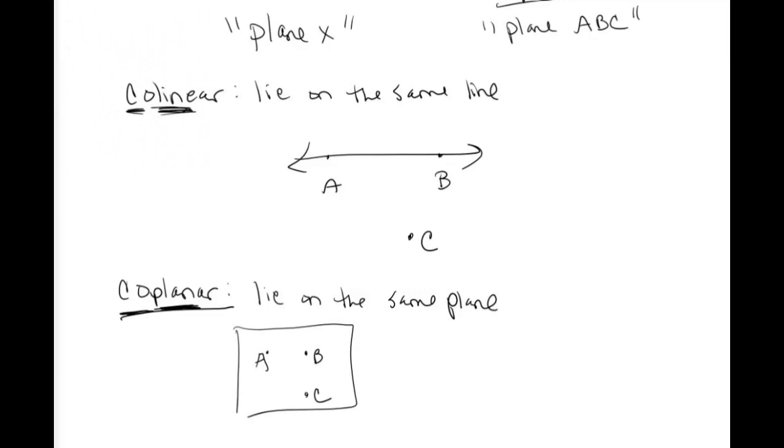These are coplanar points. But these points are not. So A, B, and C are coplanar, but D, E, and F are not coplanar. All right.